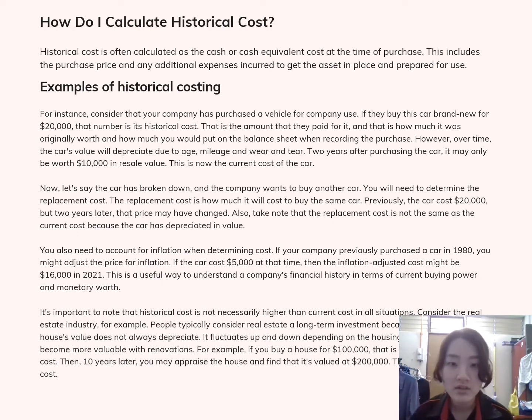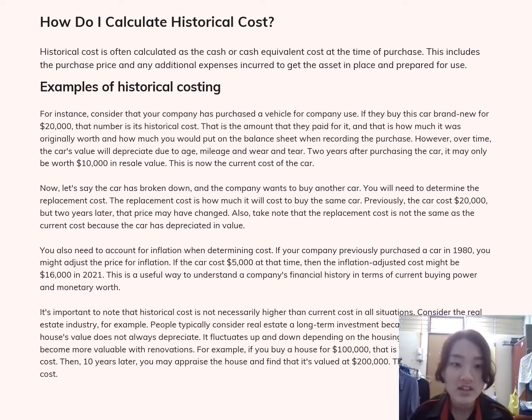If your company previously purchased a car in 1918, you might adjust the price for inflation. If the car cost 5,000 at that time, then the inflation-adjusted cost might be 16,000 in 2021.